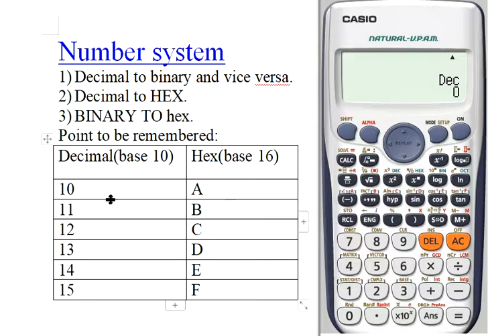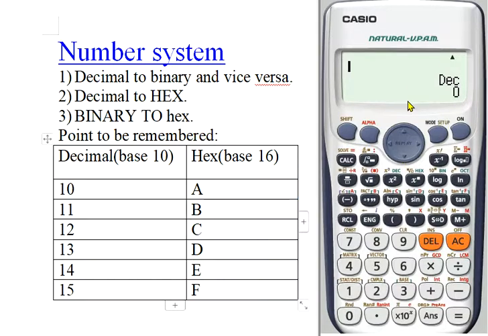Alphabet B is for the decimal 11 and so on. In hexadecimal, two-digit numbers are not generally written, so we have to use alphabets instead of two-digit numbers. 10 is written by the alphabet A. 11 is written by the alphabet B and so on in the hexadecimal number system.